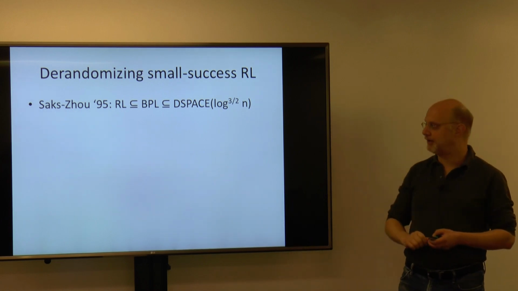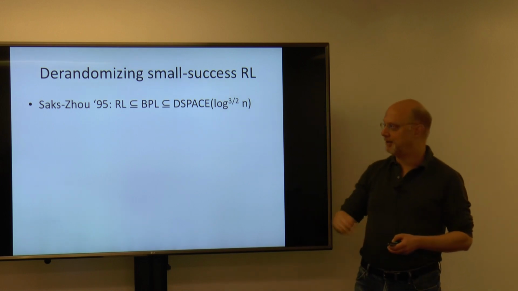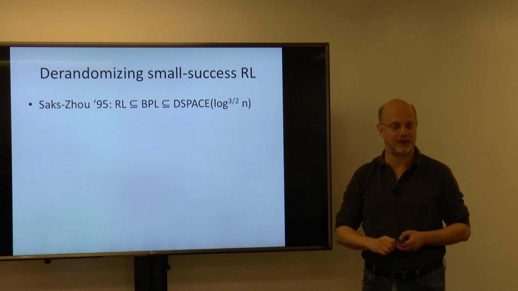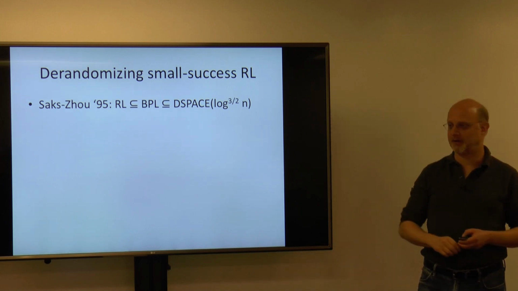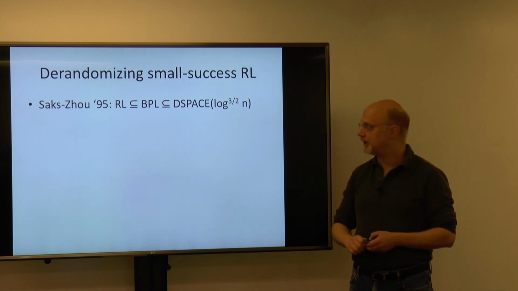Just using Nisan's generator by itself would give you log squared n. But they gave a clever algorithm that does better, log^{3/2} n. So they don't construct a new pseudorandom generator to do this. They just managed to do the de-randomization.